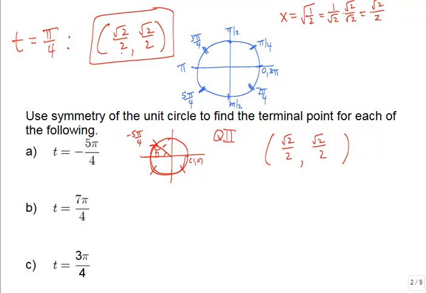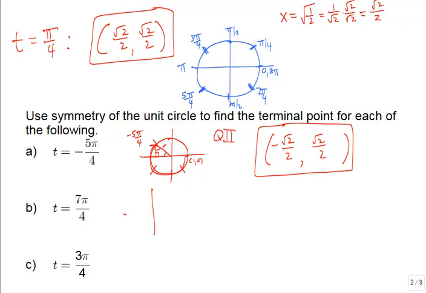The only difference is because we landed in quadrant 2, the x value should be negative and the y value should be positive. So by memorizing this terminal point for pi over 4, you know the terminal point of every pi over 4 angle out there. All you have to do is adjust the signs to fit the quadrant that you end up in. So here would be my final solution for that terminal point.